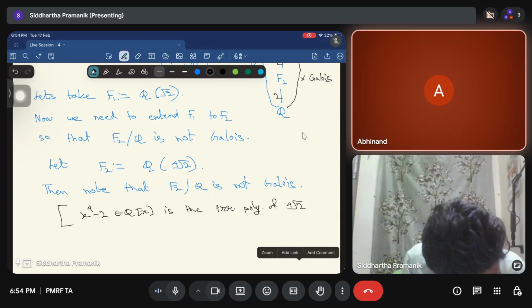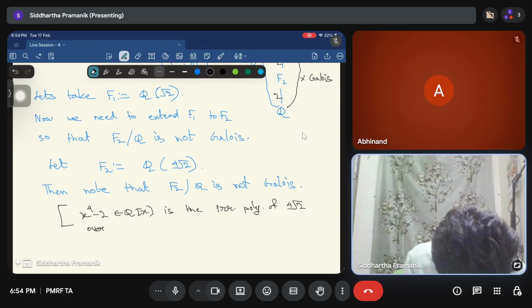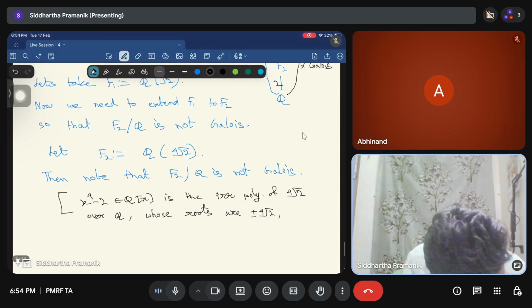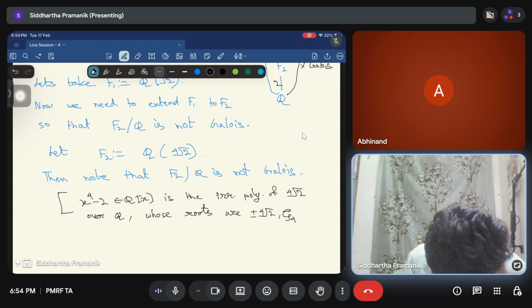Yes, sir. So this is the irreducible polynomial of the fourth root of 2 over Q, whose roots are plus or minus the real fourth root of 2, and you need a primitive fourth root of unity. So plus or minus i times the fourth root of 2.